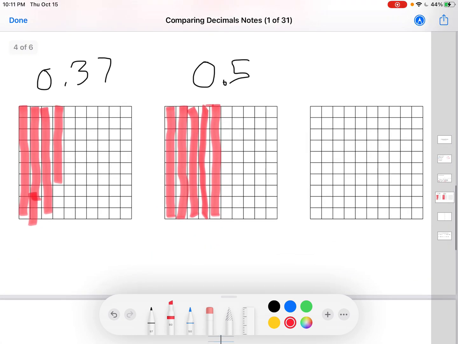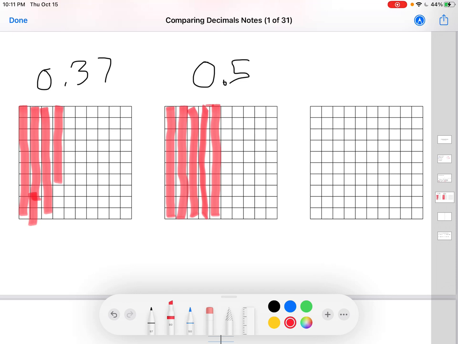Well, which one has more shaded in? 5 tenths does, because this only has 3 tenths and a little piece of the 4th tenth. This one has 5 tenths. It has 3 tenths, another whole tenth, and another whole tenth.